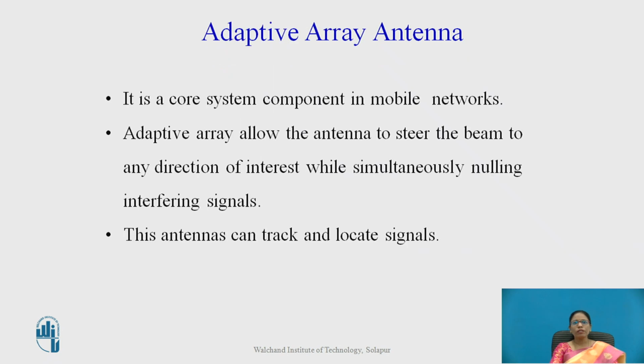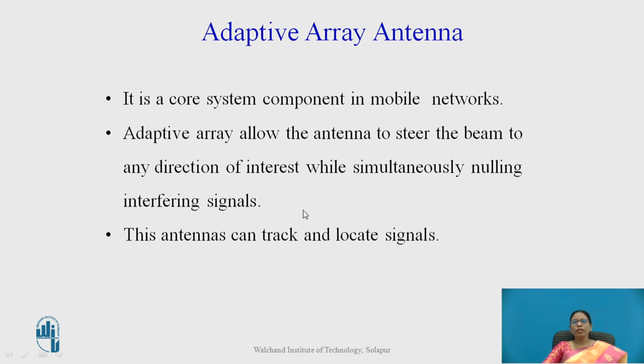Let us see first the adaptive array antenna. It is the core system component in mobile networks. Adaptive array, as the name says, allows the antenna to steer the beam to any direction of interest while simultaneously nulling the interfering signal.